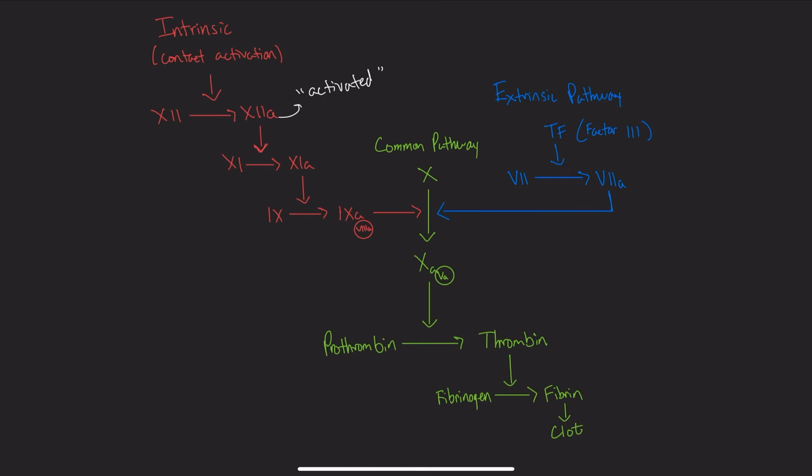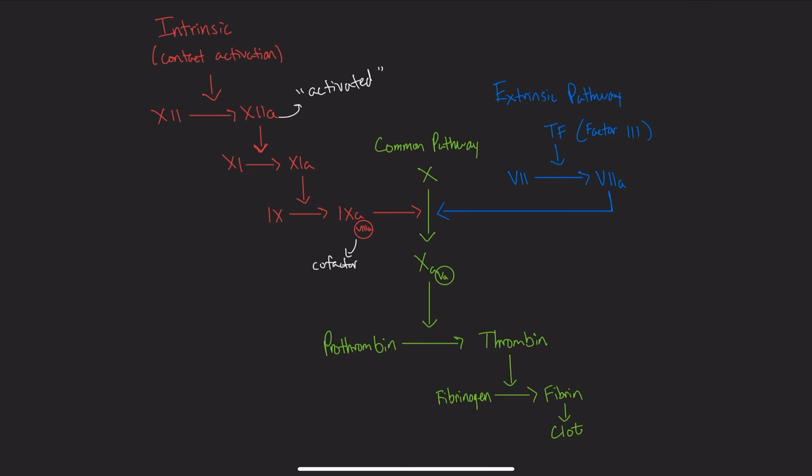You can see factor 8 here. This is actually a cofactor of factor 9. That just means it's helping the function of factor 9, right? And then you'll see activated factor 9 will eventually activate factor 10. And if we switch over here to the extrinsic pathway, here's our tissue factor, also known as factor 3, like we discussed above.